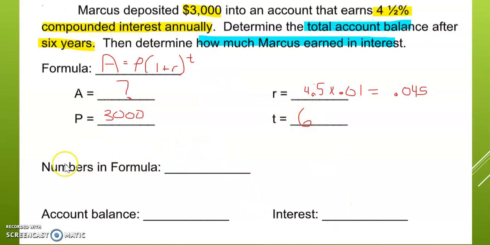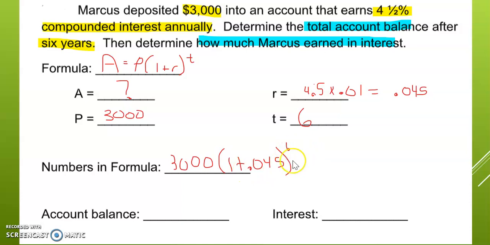When I work at this, I'm going to take my 3,000, that's my principal, and multiply it by 1 plus 0.045, and then my exponent is 6.